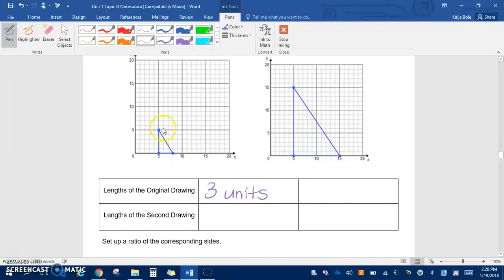And then going vertically, we're going from 0 up to 5, so that would be 5 units. And then in the second drawing, the horizontal measurements go from 5 to 15, which would be 10 units. And then our vertical measurements, we're going from 0 up to 15, so we'd have 15 units. Again, label your table, X on top, Y on the bottom.